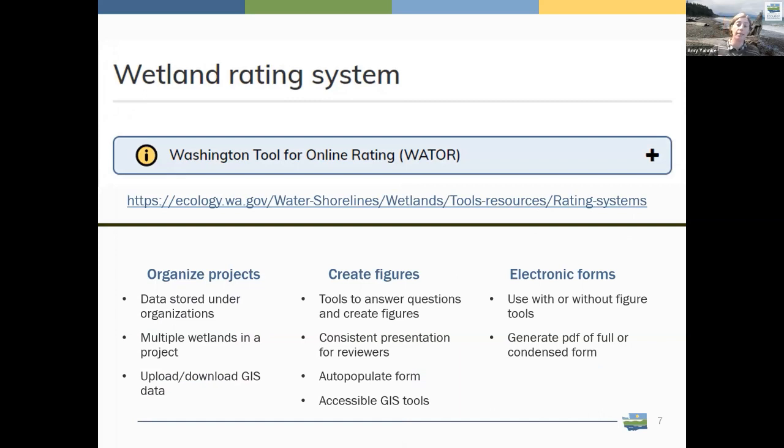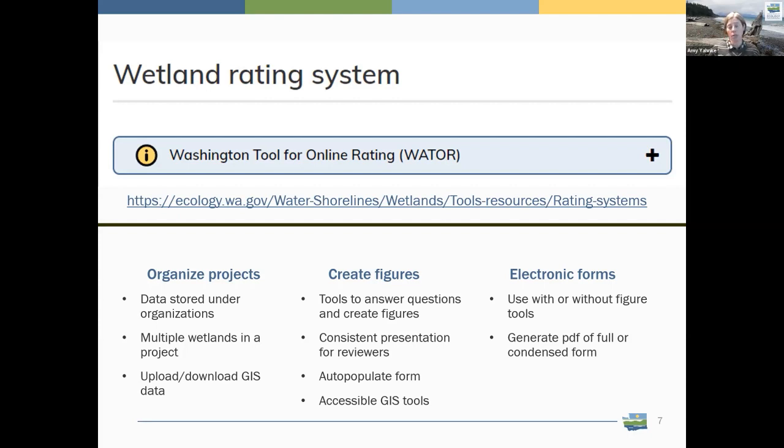The tools provide a consistent format and design for generating figures, and it's a mapping application that's accessible to users who maybe don't have the technical skills for using GIS, or maybe don't have access to expensive GIS programs. It also serves as an electronic version of the rating form.